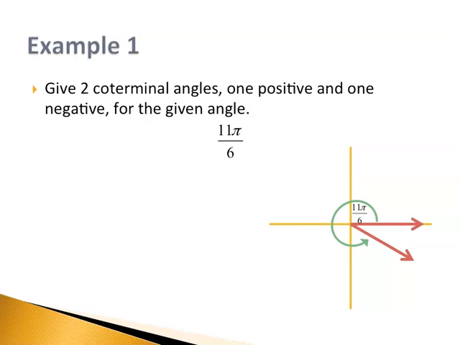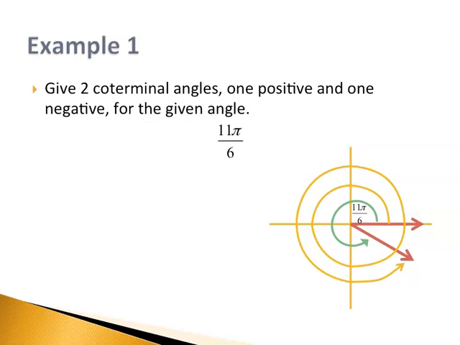And now we need to find two coterminal angles. One is going to be positive and one is going to be negative. Let's start with the positive one. So for a positive angle measure, what we can do is we can add a full rotation. So notice here I've gone from the initial side to the terminal side, and then I added one more full rotation.